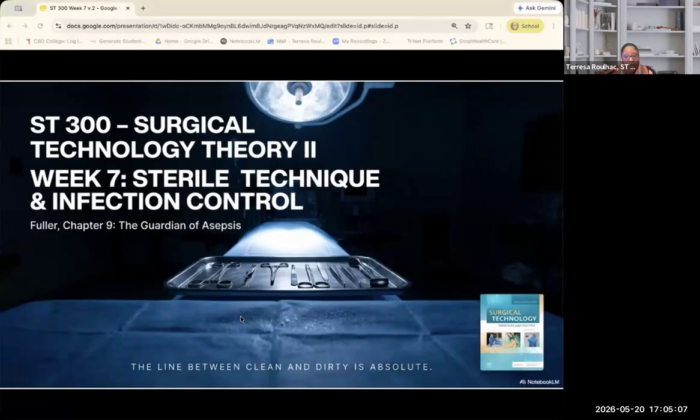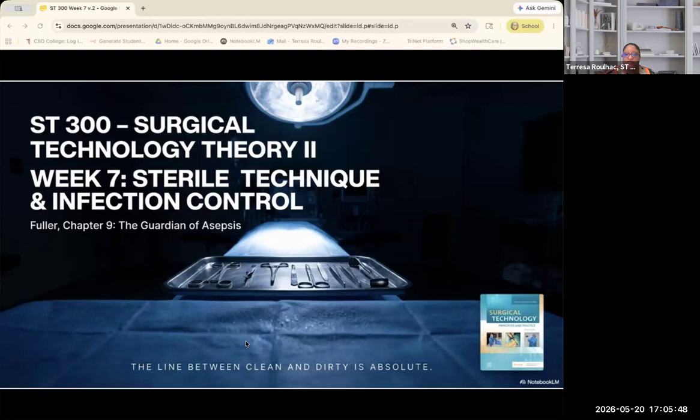The reason I say that is because I want you to think about what would happen if the line was blurred. Contamination, infection, surgical site infections, the patient can become harmed. One small break can become one major complication. So in this particular chapter, we are described as the guardian of asepsis, because we maintain the sterile field, we protect the patient, we prevent contamination.